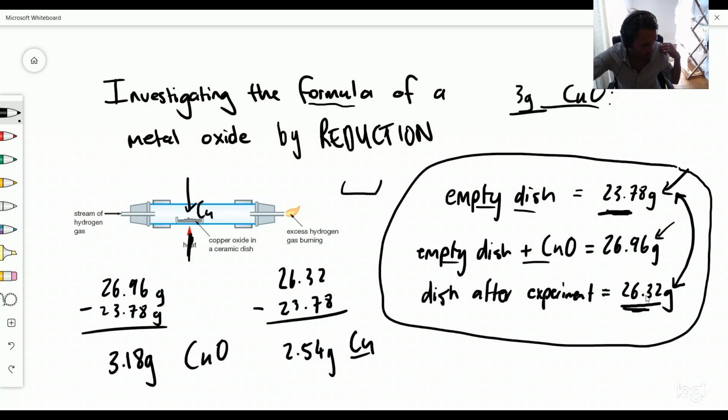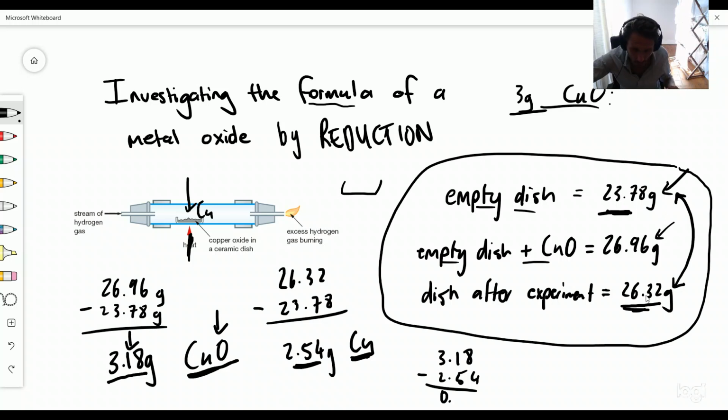Okay, cool. What about oxygen? Well, I've got 3.18 grams of copper oxide, which I worked out initially, and I've just got 2.54 grams of copper. The rest of this mass is going to be the oxygen. So I simply have to go 3.18 minus 2.54, and I've worked this out on a piece of paper, 0.64 grams of oxygen.